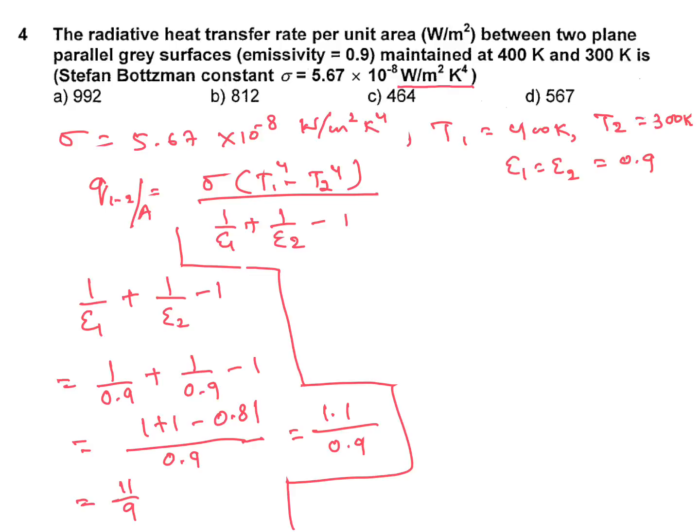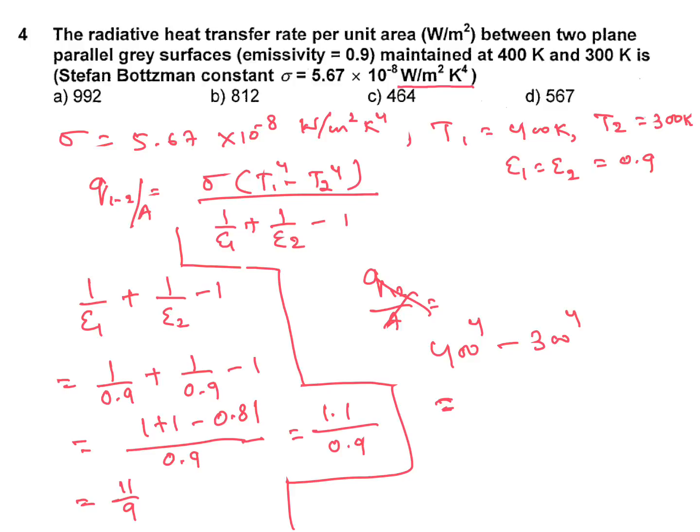Then Q12 by A, put all the values. Here separately we will do T1 to the power 4 minus T2 to the power 4.